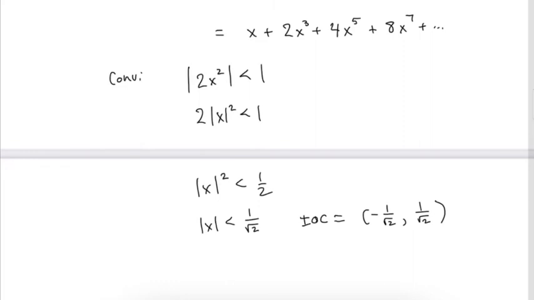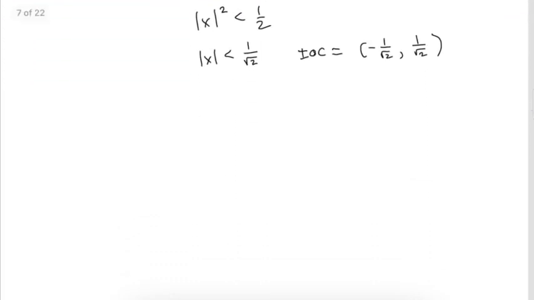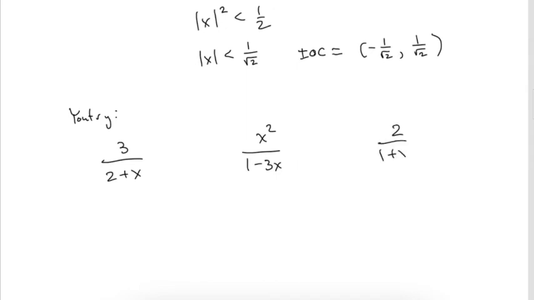Okay, great. I got some for you all to try. I have 3 for the folks in the audience. How about 3 over 2 plus x, x squared over 1 minus 3x, and 2 over 1 plus x squared. See what you think. Your job each time is to find the power series.